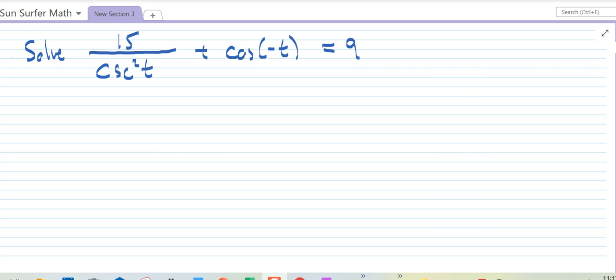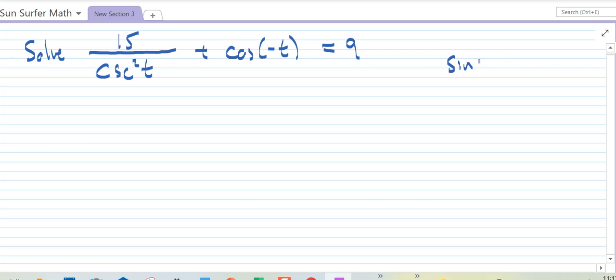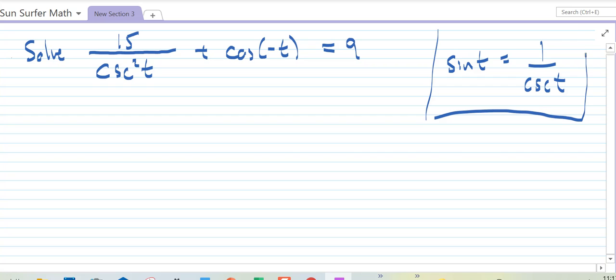The first thing we're going to realize is that the sine of some angle t is equal to 1 over the cosecant of t. Those are reciprocals. This is one of the many reciprocal identities, and I'm going to use that idea here. If sine of t is 1 over cosecant t, then sine squared t is 1 over cosecant squared t.